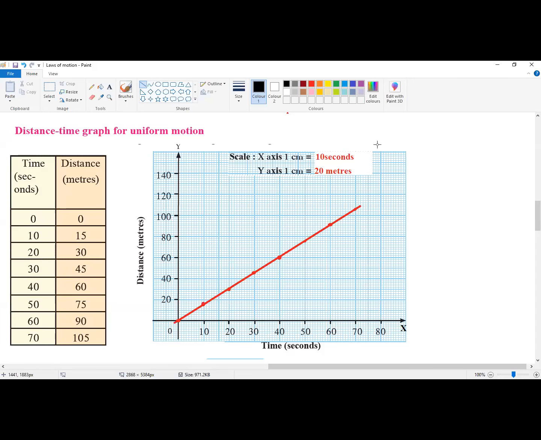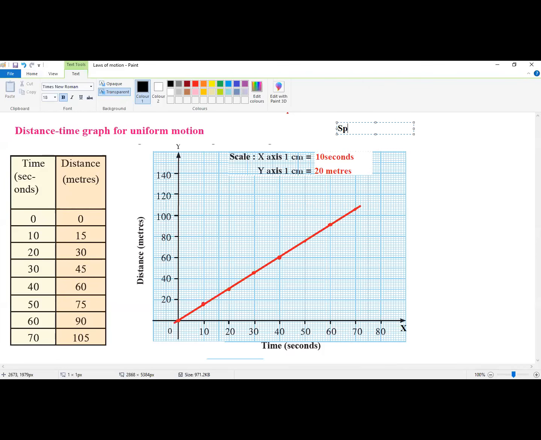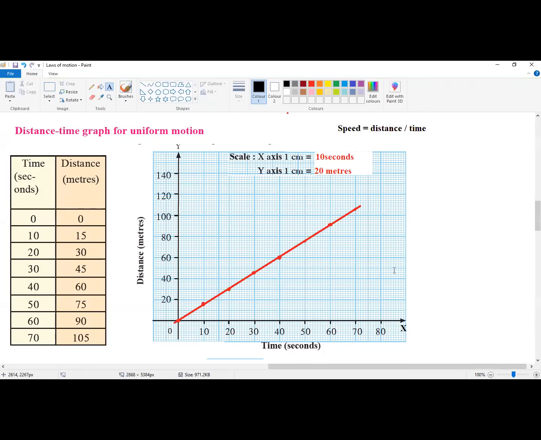As per the standard definition of speed, speed is equal to distance upon time, right? Distance upon time is nothing but speed. Now we have got this distance-time graph. So what should we do to determine the speed of an object?